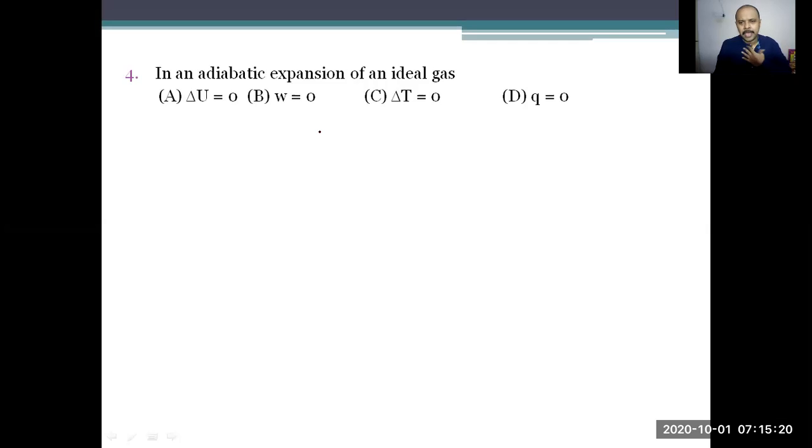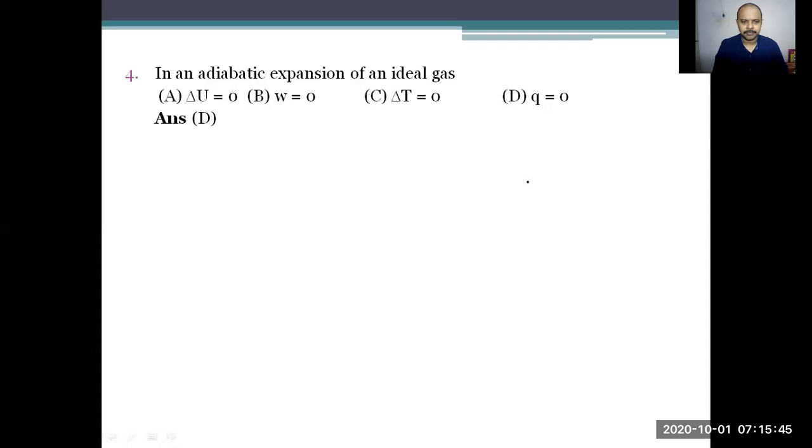Without gas doing the work, can expansion happen? It's not possible, right? So work done by the system, it is expansion. Adiabatic means the process where heat neither enters the system nor leaves the system. As a result, it is option B. Q is equal to 0. Q itself is heat change. Heat change is 0.